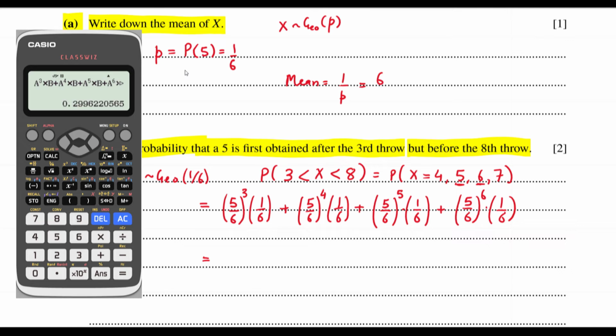So this answer is 0.2996 and so on. To 3 significant figures we can give this answer as 0.300. That's the probability.